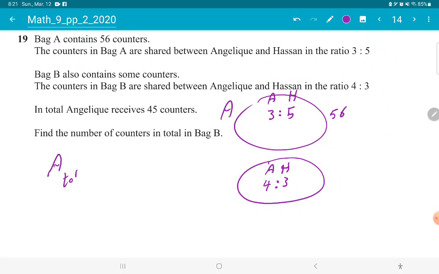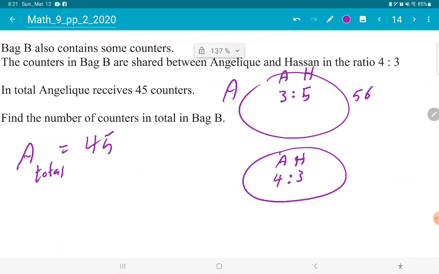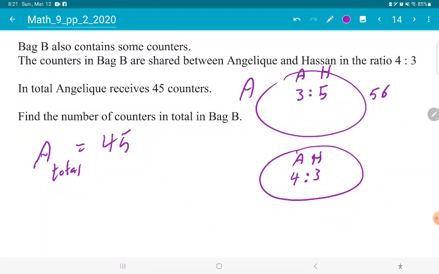Angie's total equals 45. Find the number of counters in total in bag B.